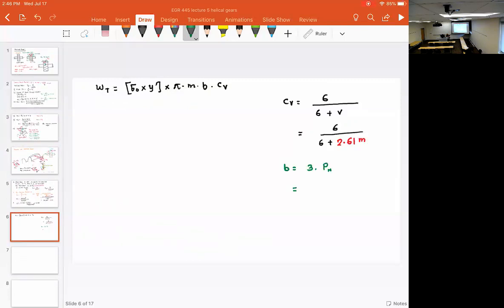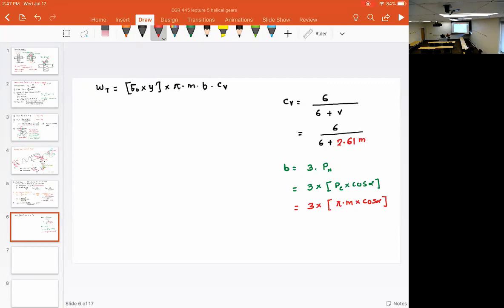So 3 multiplied by Pc times cosine alpha, where Pc is the circular pitch, and circular pitch is nothing but pi times module. So circular pitch is pi times the module multiplied by cosine alpha.